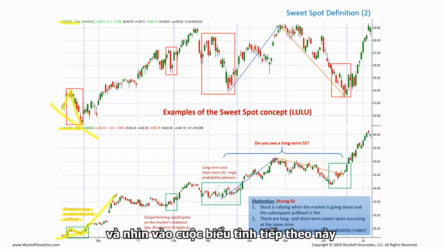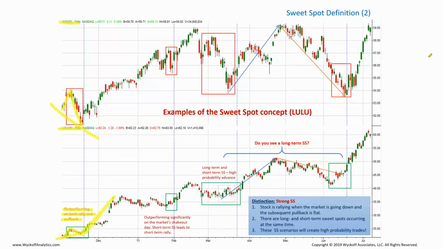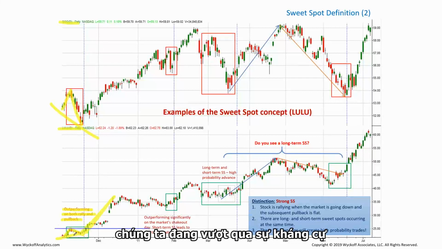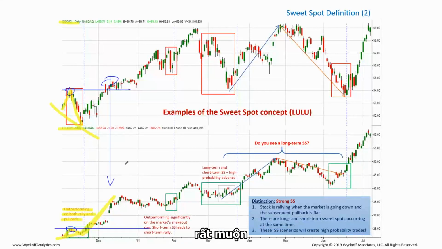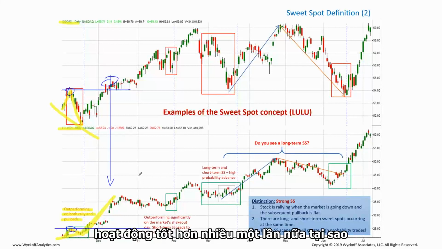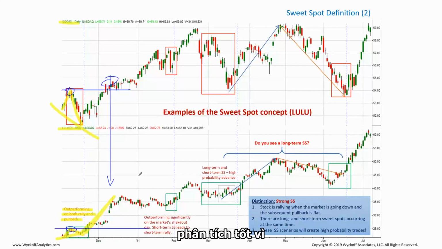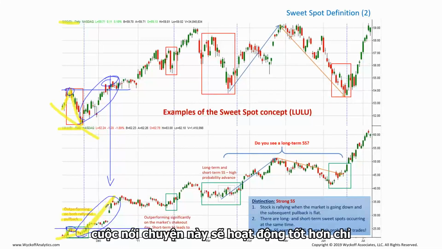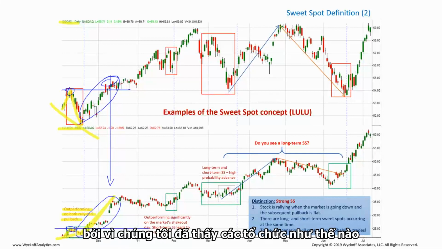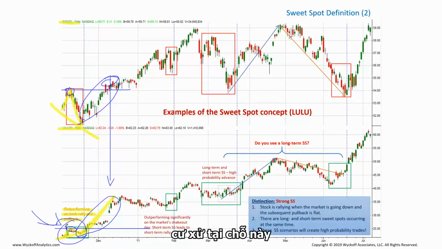And look at this next rally. We are overcoming the resistance, whereas the market overcame this resistance, but very late. So the stock is definitely performing much, much better. Again, why are we looking at this whole relative comparative analysis? Well, because it suggests that in the future, on the next run, the stock is going to outperform just because we've seen how institutions behaved at this spot.